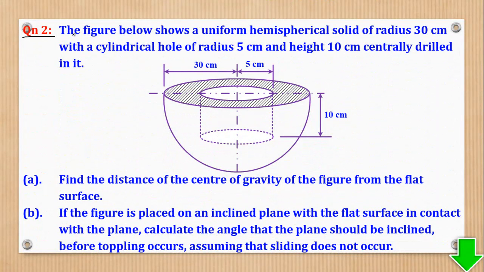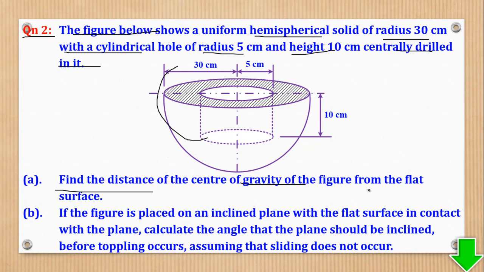It says, the figure below shows a uniform hemispherical solid of radius 30 centimeters with a cylindrical hole of radius 5 centimeters and height 10 centimeters centrally drilled in it, as shown. Find the distance of the center of gravity of the figure from the flat surface.